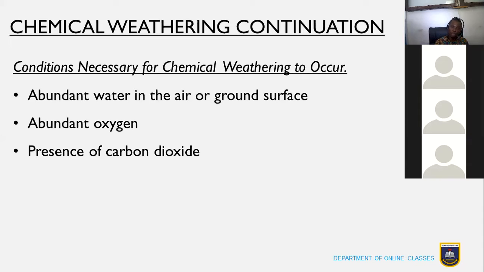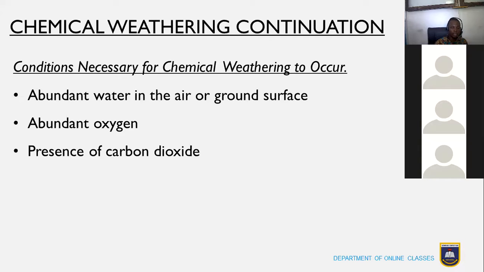When minerals within the rock, such as iron, come into contact with oxygen, this will cause the rock to eventually break up. So the presence of oxygen in the environment or in the air is very important for a chemical weathering process to take place.